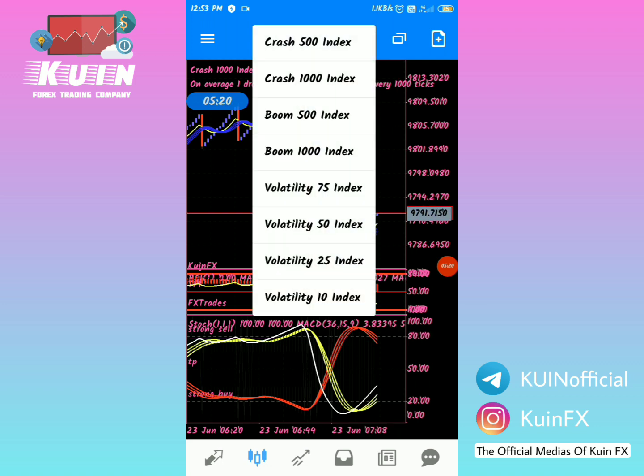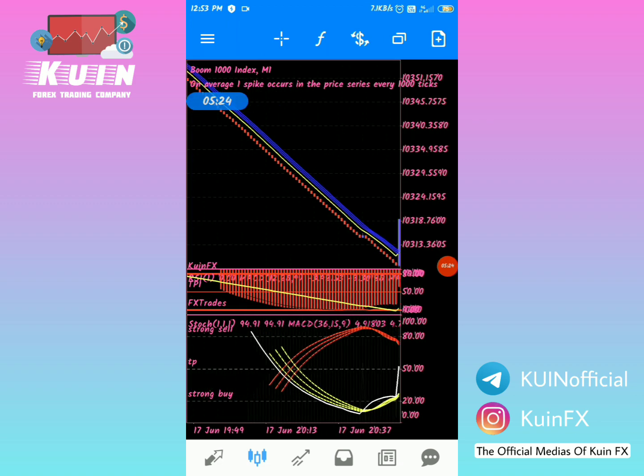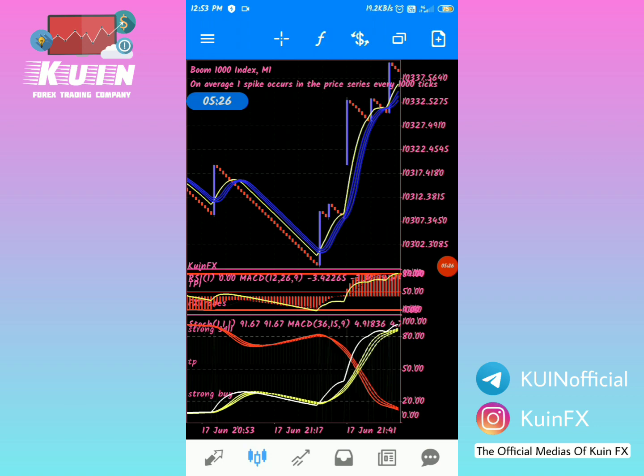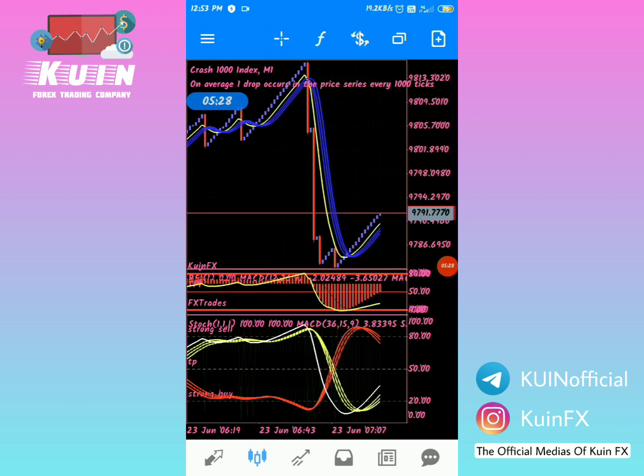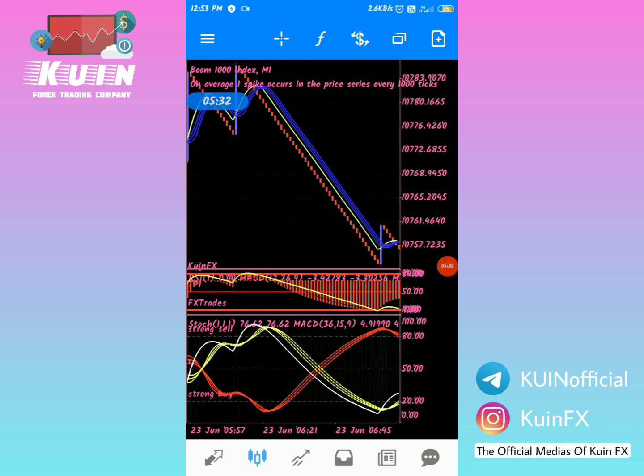We go to boom now. See here, our MA and MACD graphs touch our oversold area, and this white line also crosses this MACD line at above 80.